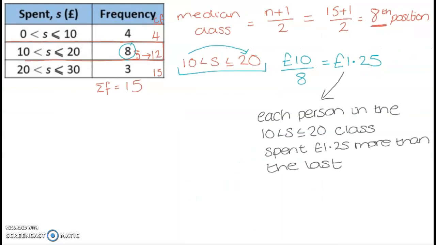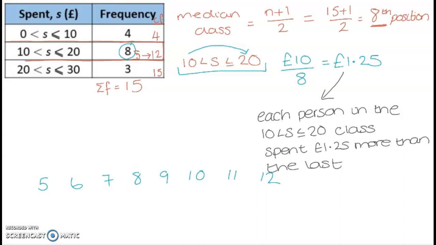So looking at my cumulative frequency information, I know that the first 4 people spent between 0 and 10 pounds. And then the next 8 people spent between 10 and 20, which is what I'm looking at. So that means person 5, 6, 7, 8, 9, 10, 11 and 12 all spent between 10 and 20 pounds.